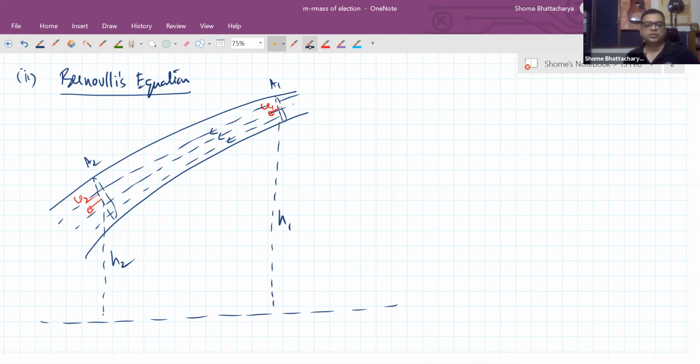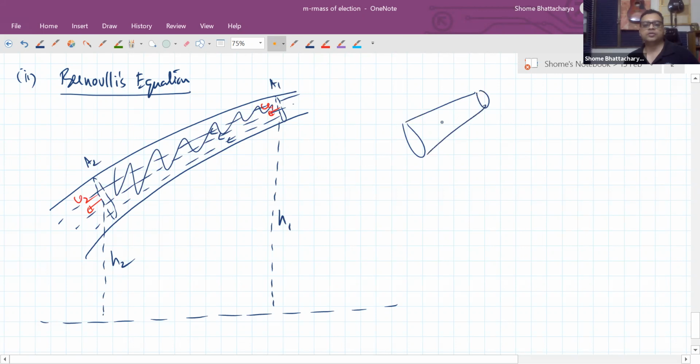Okay, so if we apply the work energy theorem to this section of liquid, just imagine a body of liquid, the volume of liquid. If the internal pressure here is P2 and P1 here, it is being pushed from this side with a force of P2 into A2, and from this side with a force of P1 into A1.